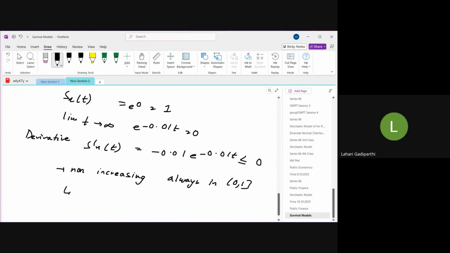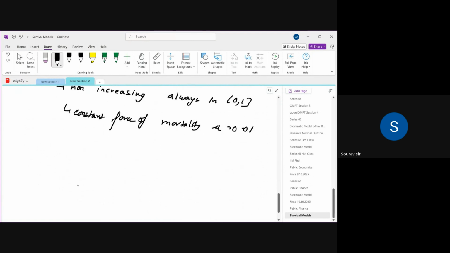So there is a constant force of mortality. Clear? So it is valid.